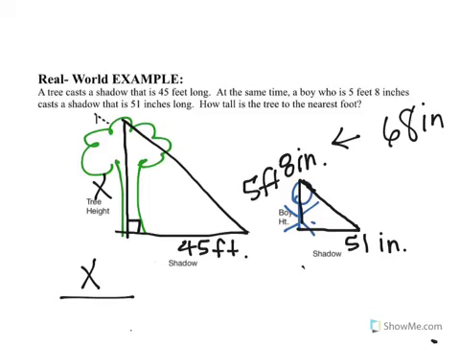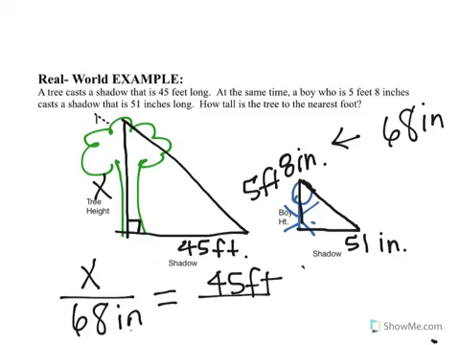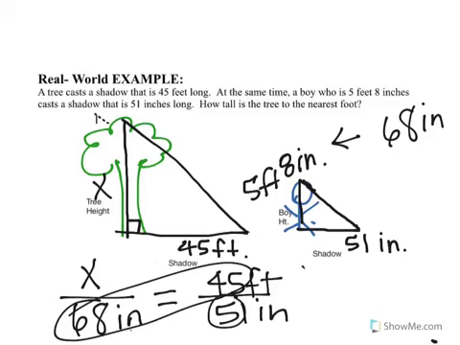So the height of the tree we don't know, and the boy's height is 68 inches. Then we can come over here and say the shadow that the tree casted was 45 feet, and the shadow that the boy casted was 51 inches. So then we can cross multiply and divide. And when we do that, we should get that the tree was 60 feet tall.